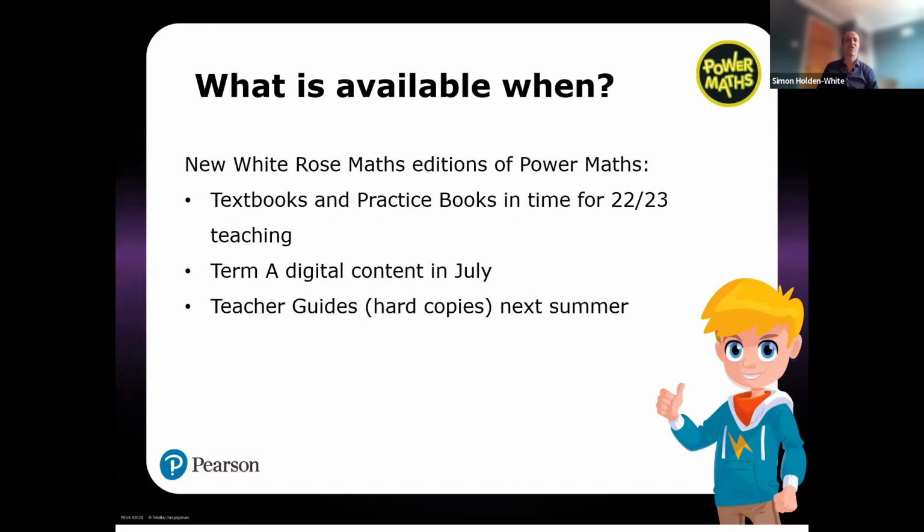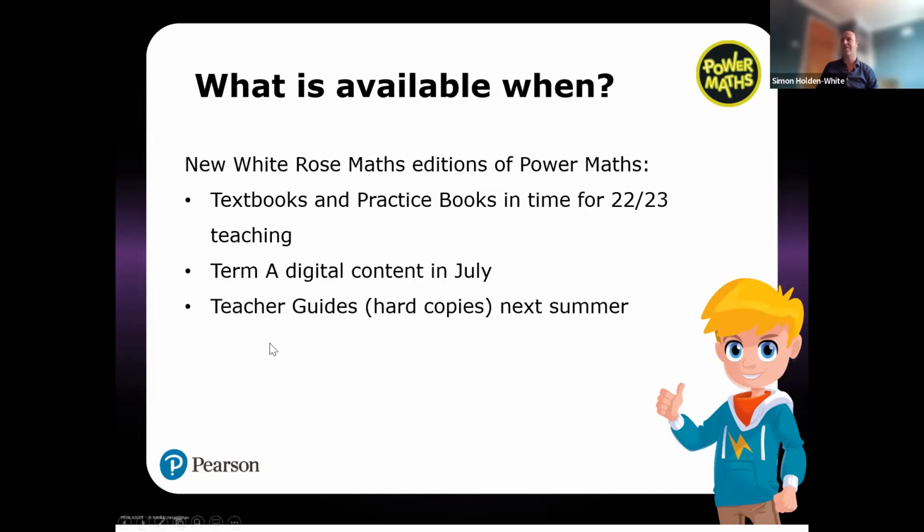You'll have the digital content automatically. You don't need to do anything. If you're a Power Maths user or an active learner, you don't have to do anything different. You won't have hard copies of the teacher guides until the following academic year, but you will have the digital copies in time for teaching each term.